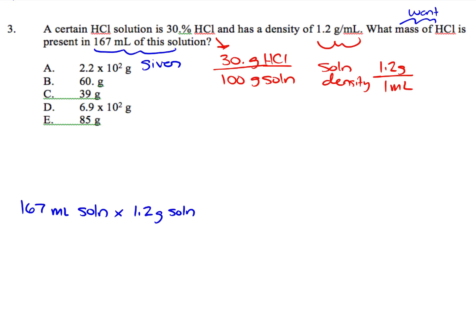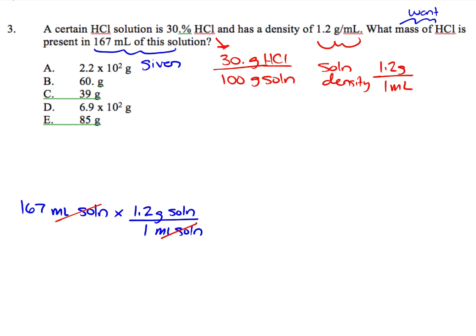If you were to weigh 1 mil of solution, the mass would be 1.2 grams. So that's the solution density. Okay, we can cross that out. Now we have grams of solution.